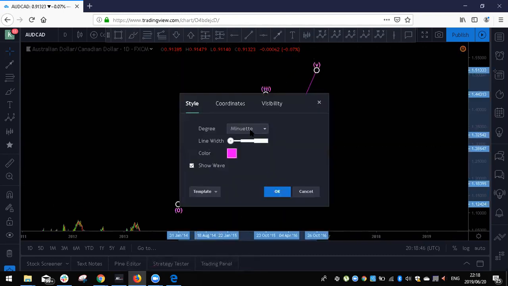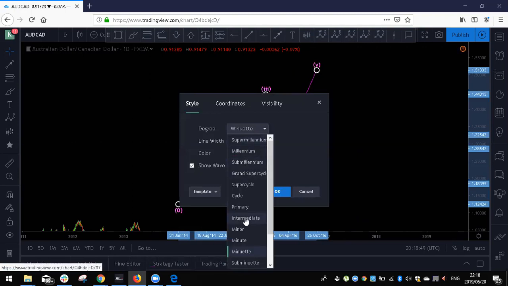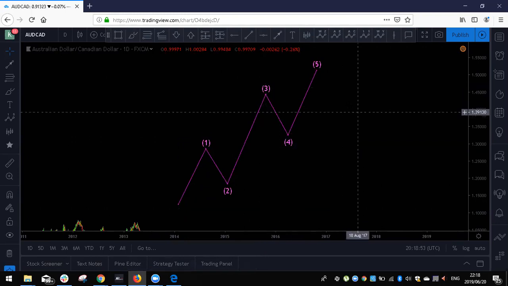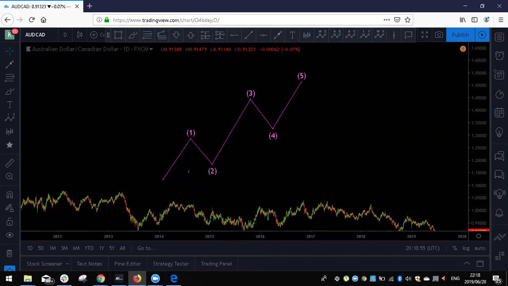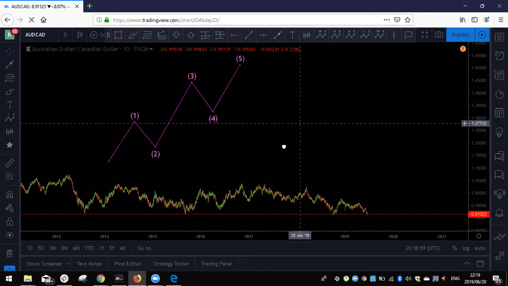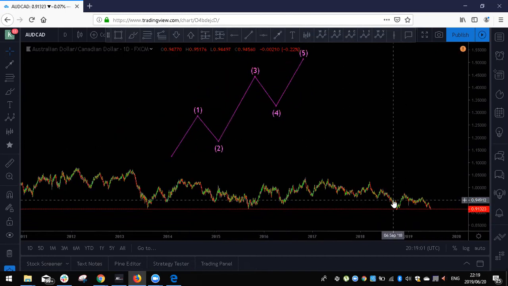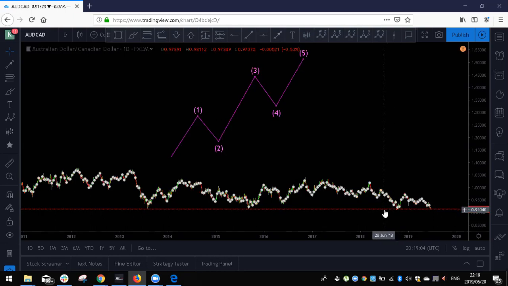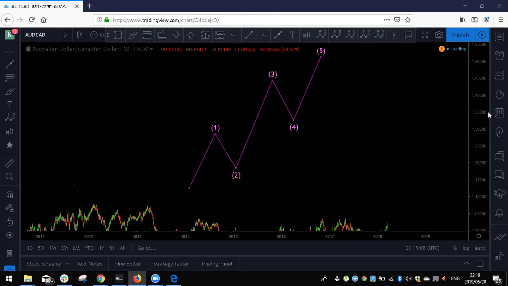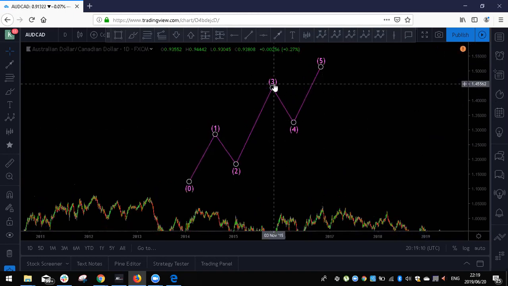Let me change the degree. Do you understand these degrees? The wave degrees are like what we did with the trend lines, the time frames, and the colors. They are just there to show you which time frame that wave count is from.